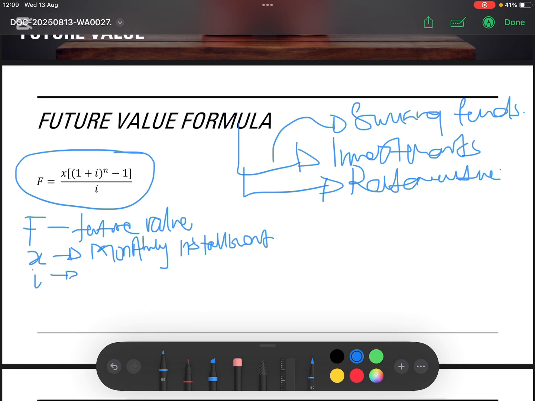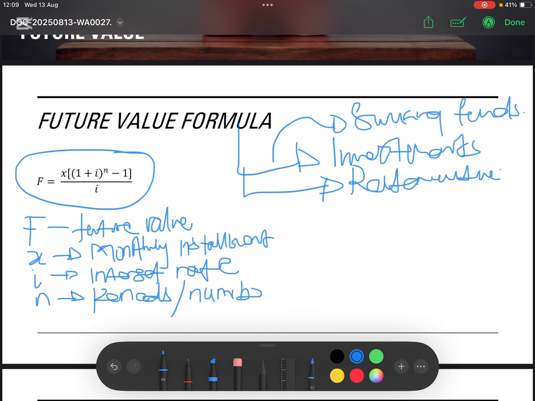That is a monthly installment. And then we have I, that is what we call the interest rate. And then we have N, which we call the period, or you can say the number of payments. Okay, that is what we call the number of payments.